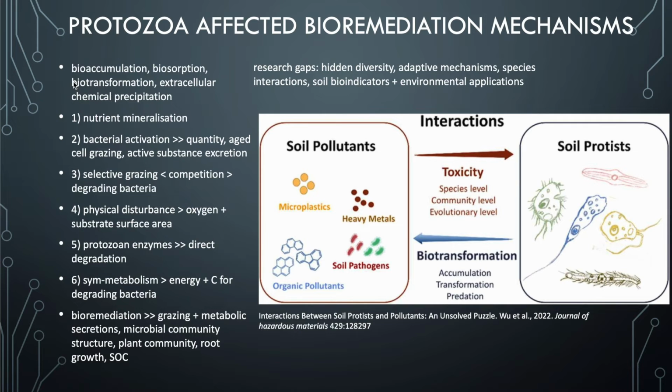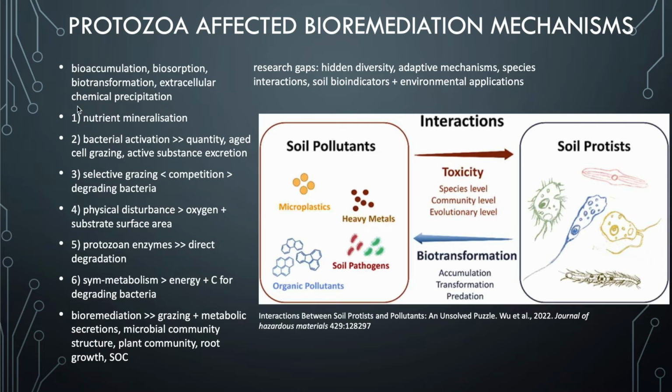There's also the process of biotransformation, where the pollutant is actually transformed, broken down, and made into something else. Or there are particular chemical structures added to it and it makes it no longer toxic. There's also extracellular chemical precipitation. So there are a lot of different ways in which different pollutants may be biotransformed and in which bioremediation can occur.